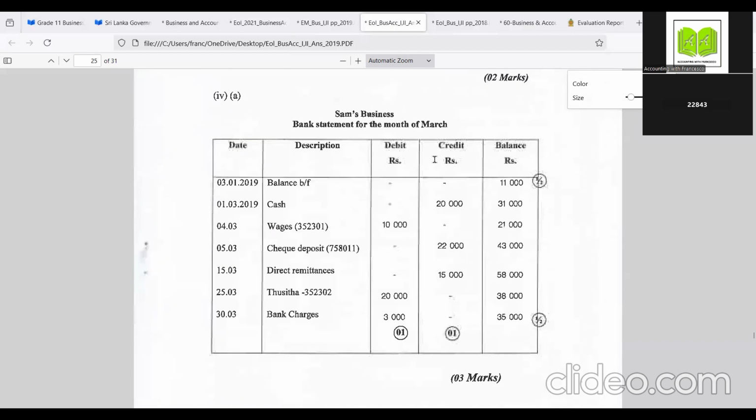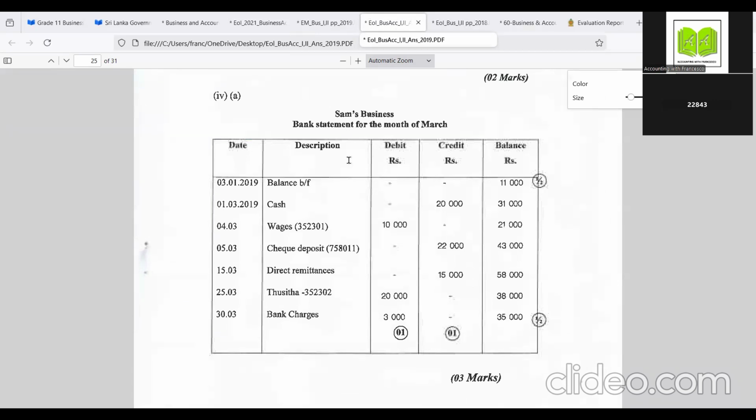This is the format of a bank statement: date, description, debit, credit, balance. If this is asked, it is very hard because normally adjusted bank book and bank reconciliation should be asked. But in 2019, they have asked a bank statement. So it's really hard, right?